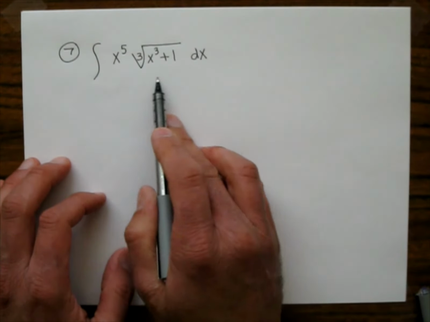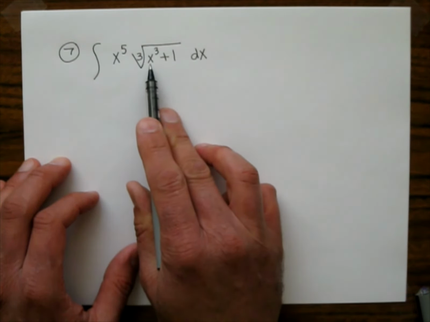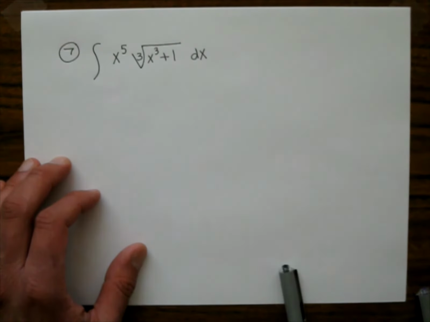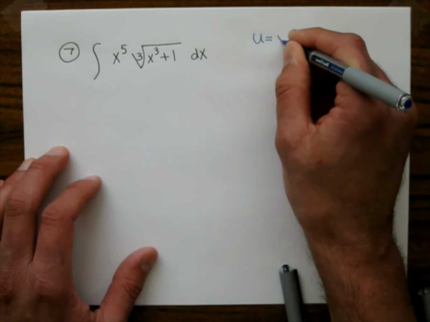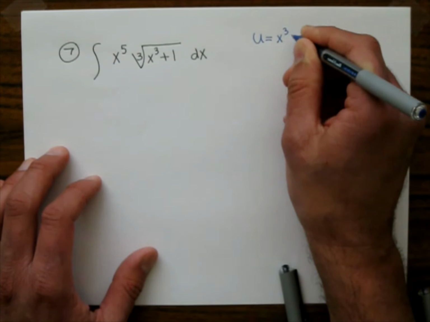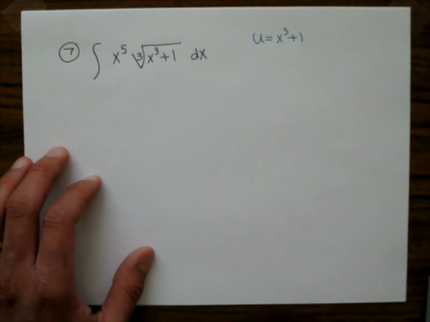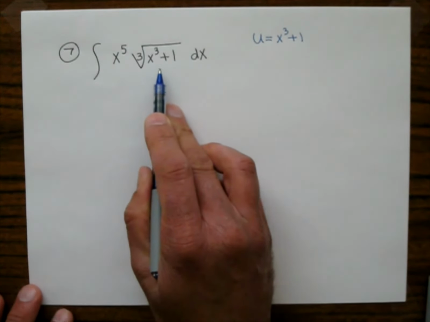Well, I'm going to look for a good U-substitution, and the U-substitution could be u equals x cubed plus 1. So I'll write that in blue. U equals x cubed plus 1.